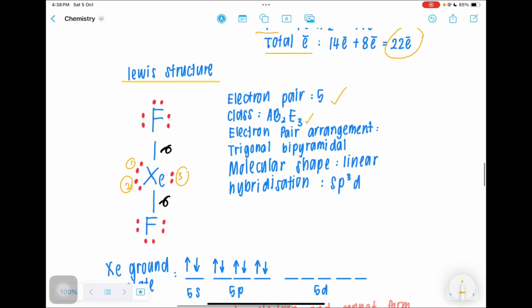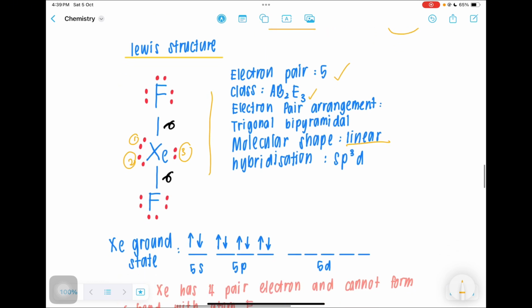The electron pair arrangement is trigonal bipyramidal, and the molecular shape is linear. Why linear? Because it's straight. And the hybridization is sp3d.